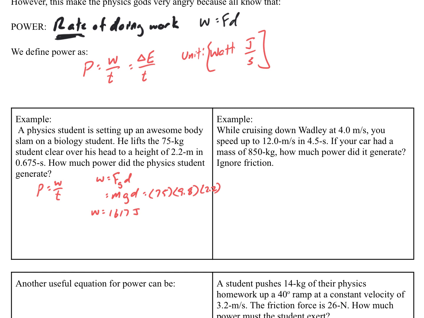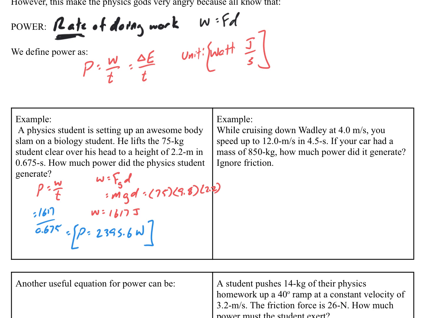We're lifting the thing up, pulling it over your head. And then we're given the time, so we'll just plug everything in like so to get 1617 over 0.675. So we get a power value of 2395, about 2400 watts. So that's one way to do the question.